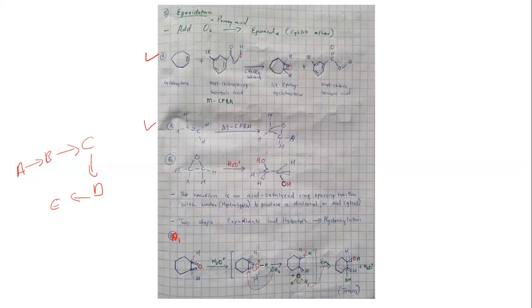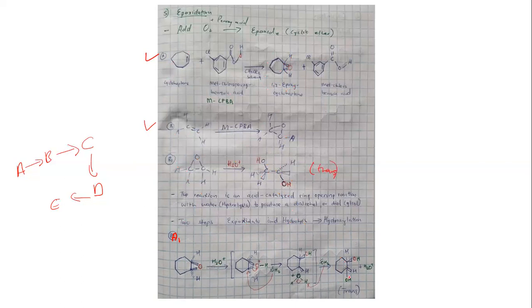This cyclic ether, under acidic condition with water, will form a diol. The stereochemistry, when it comes to these products, is very important. We can see that from B1, our hydroxyl groups are attached in a trans formation.